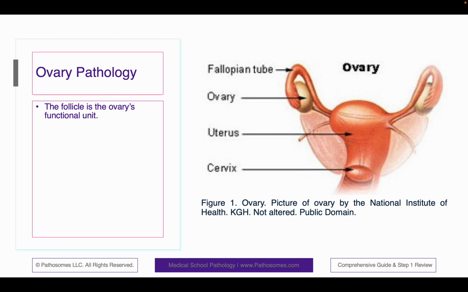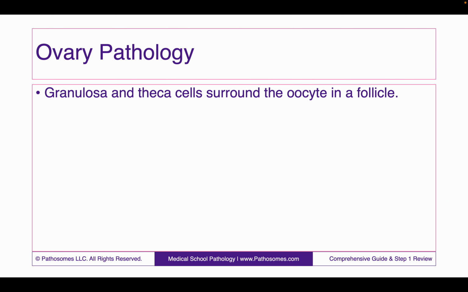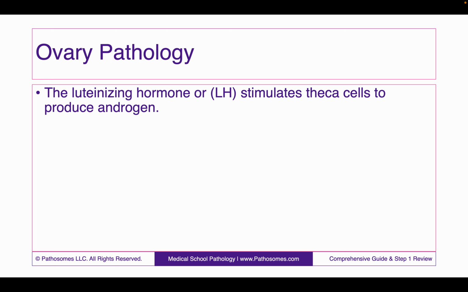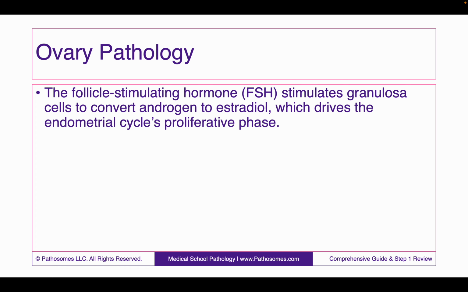Now, ovary pathology. As we all know, the follicle is the ovary's functional unit. And the granulosa and theca cells surround the oocyte in a follicle. The luteinizing hormone, also known as LH, stimulates the theca cells to produce androgen.